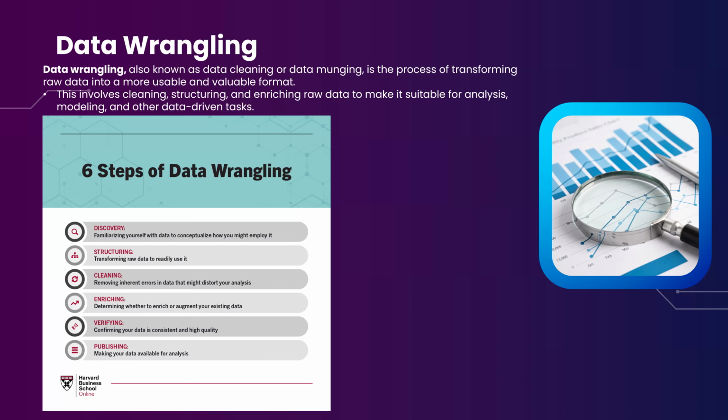Okay, so these are the processes of data wrangling. One, discovery. When you get the data, you need to understand the data. What is the data about? How many rows? How many columns? Once you understand the data, you then structure the data. And for you to structure data, you should understand the domain context.